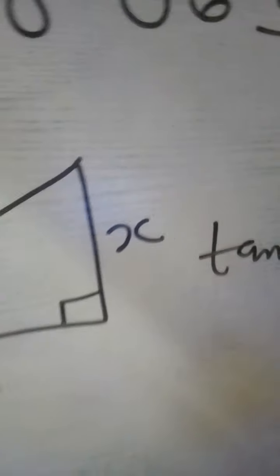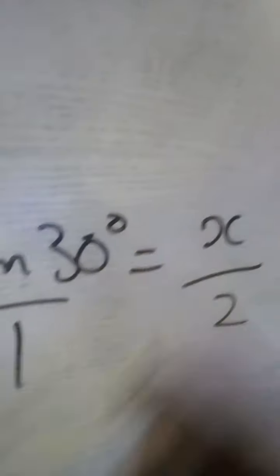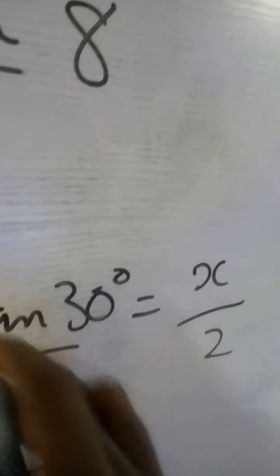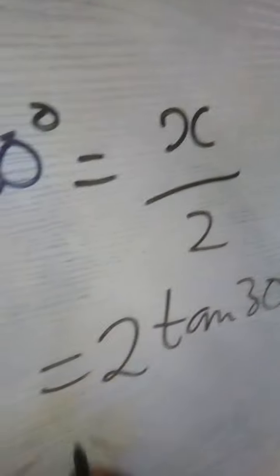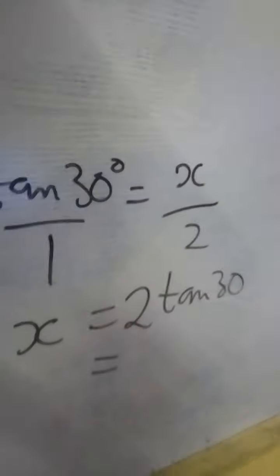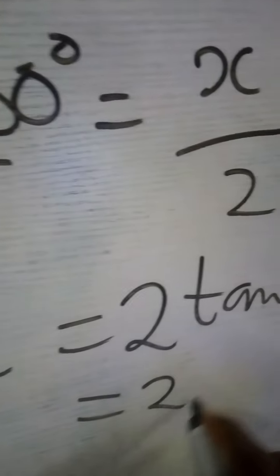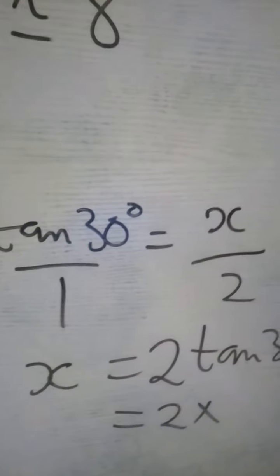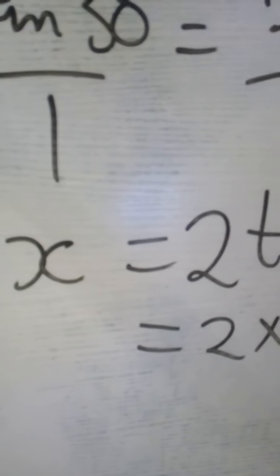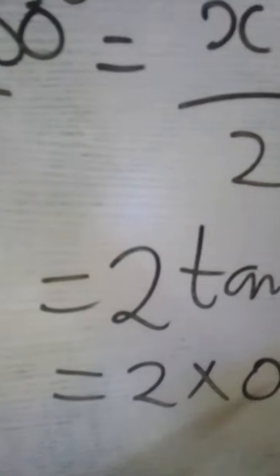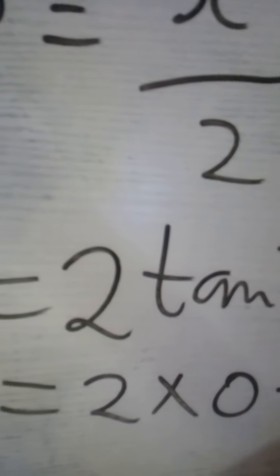Then I cross multiply this time around. 1 times x is going to be x. And 2 times tan 30, so that's 2 tan 30. So once again, I need to use the four-figure table to find the value of tan 30, so I can put it and multiply by 2. And that is 0.5774.